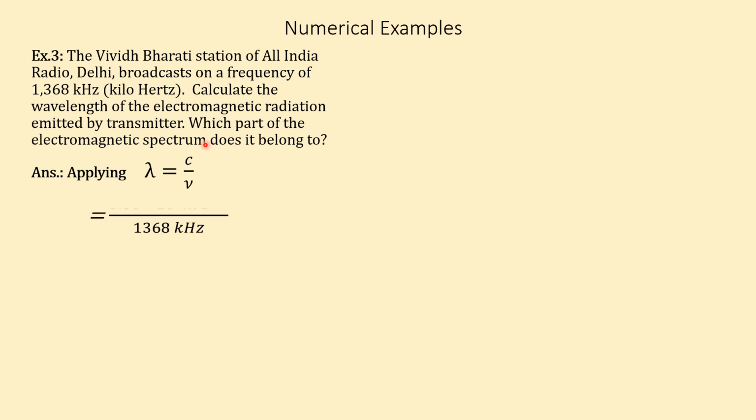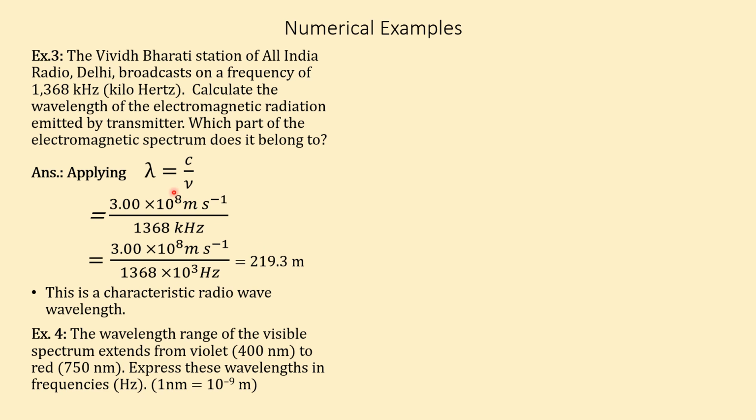Substituting the values, 3.0 into 10 to the power of 8 meters per second, and nu is 1368 kilohertz. Simplifying, we get the result as 219.3 meters. This is the characteristic radio wavelength.